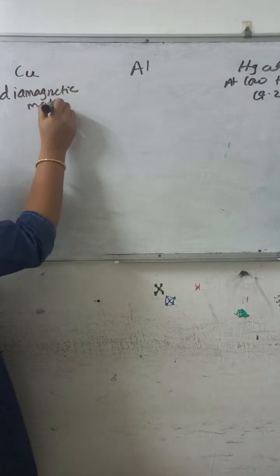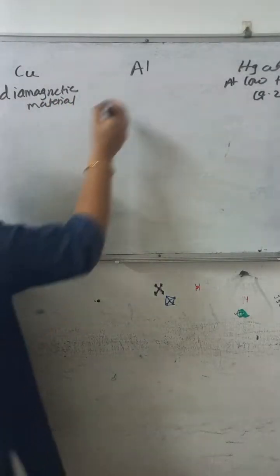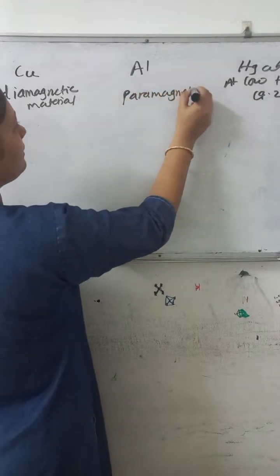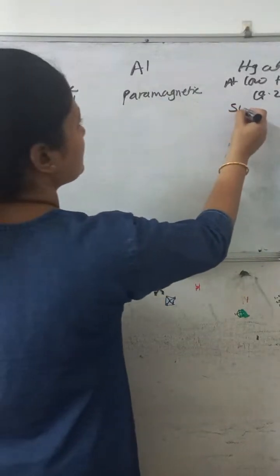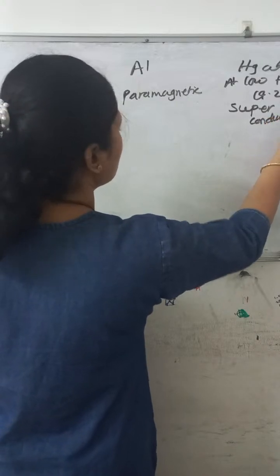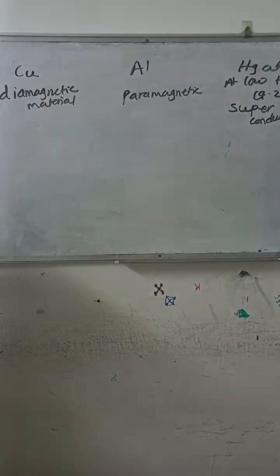Aluminium always acts as a paramagnetic material. And Hg at very low temperature acts as a superconductor, so it acts as a perfect diamagnet. So no magnetic field lines pass through that magnet.